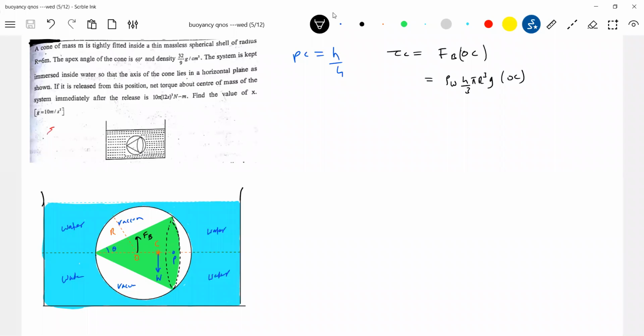We don't know the distance OC. Anybody, how to get the OC value? He has given the apex angle of the cone. Okay, let's get into the cone diagram.